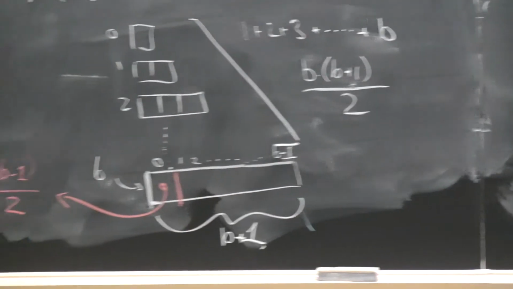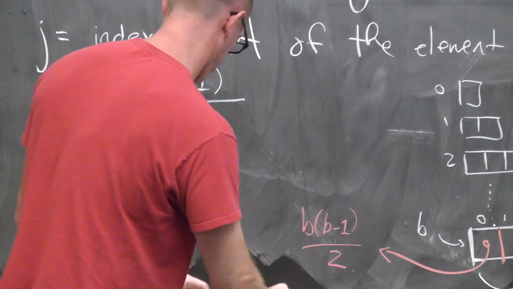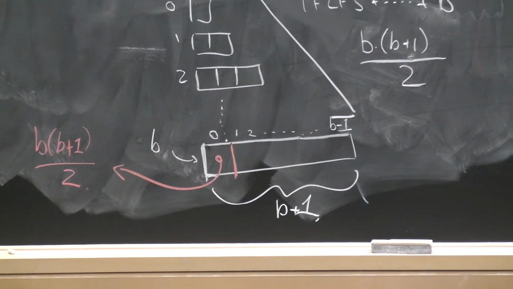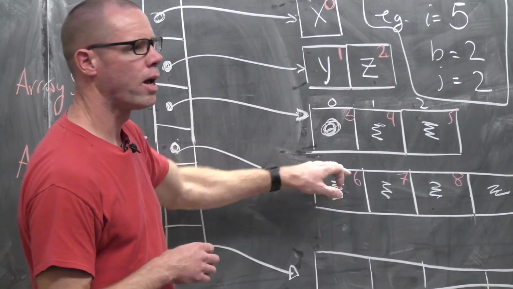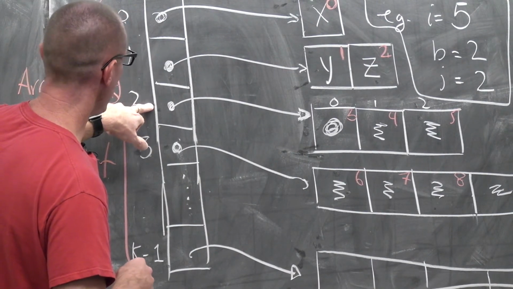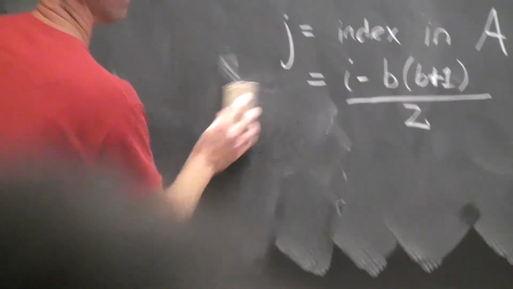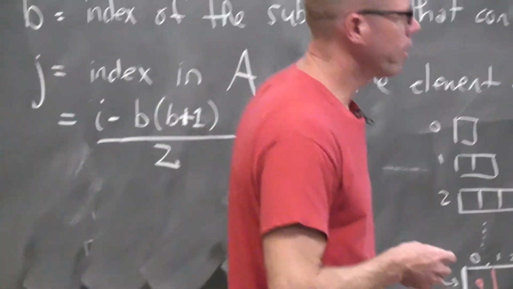And that's where I should start then. b times b plus 1 divided by 2. Let's check that in this picture. At index 3, 3 times 4 is 12, divided by 2 is 6. That's the starting index here. At index 2, 2 times 3 is 6, divided by 2 is 3, and that's the first index here. Okay, good. So this is the value of j we're looking for if we know the value of b. All right.